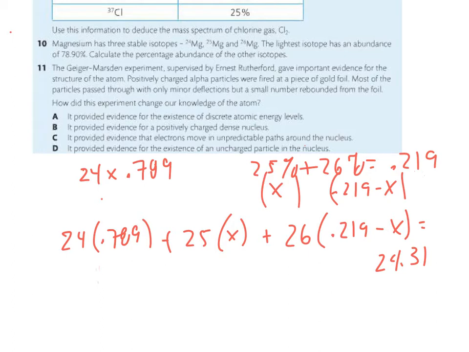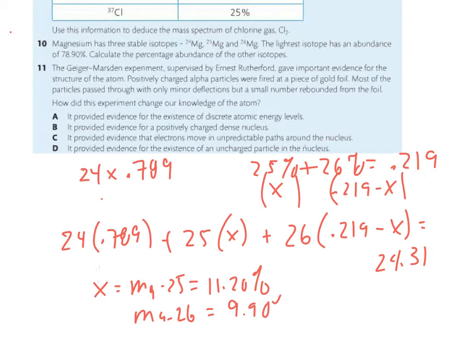So if I do that, I come up with magnesium-25, or X, having a percentage of 11.20%, and then that means magnesium-26 is the remainder from 21.9, or 9.90.